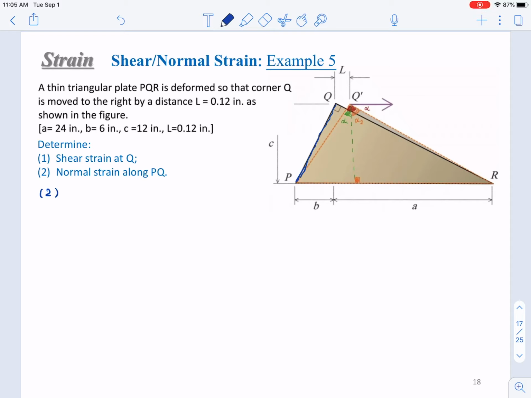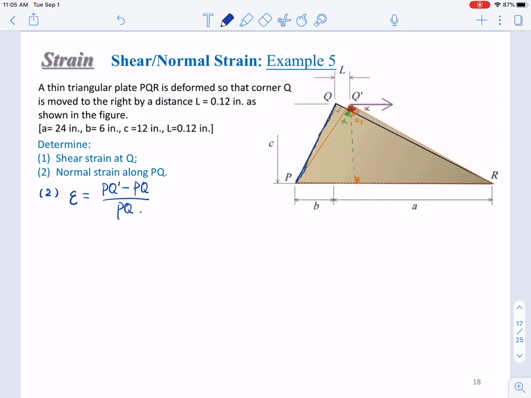So the normal strain will be calculated from PQ prime minus PQ over PQ. We just need to find the values of PQ and PQ prime.